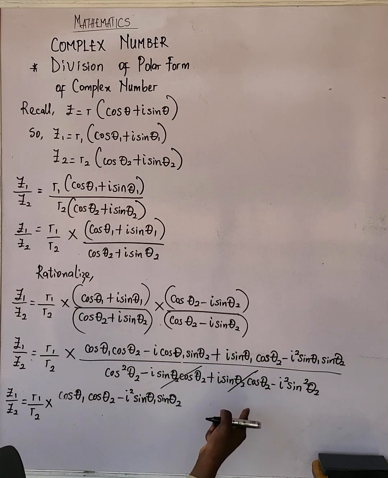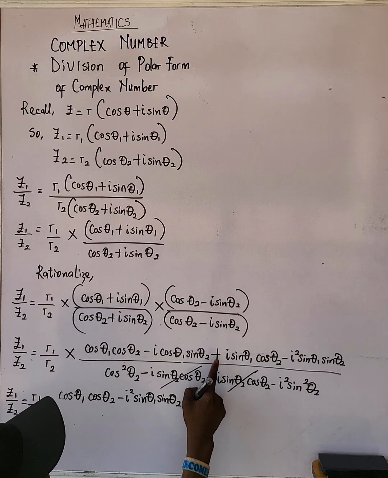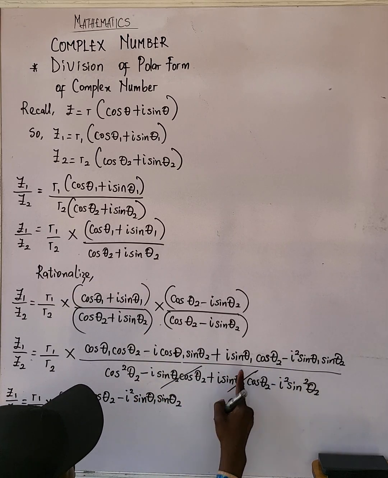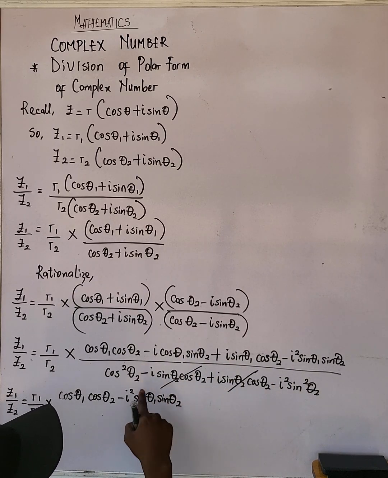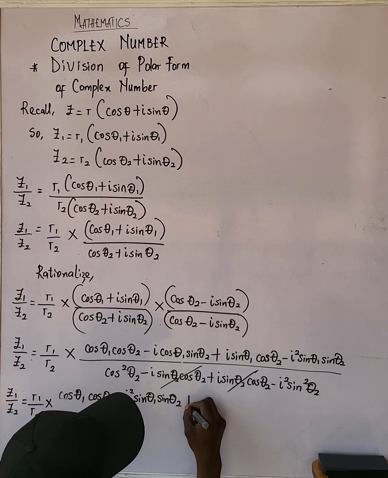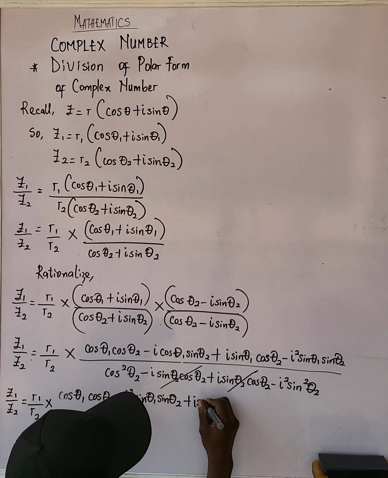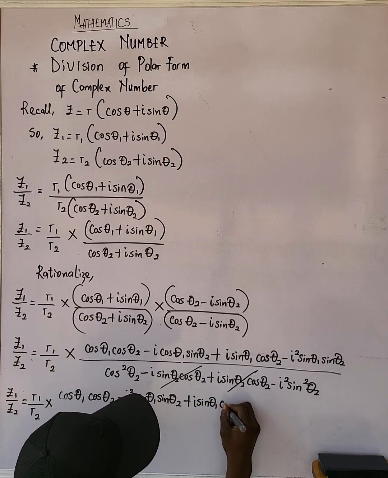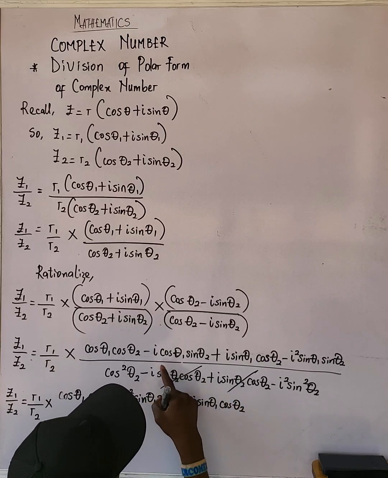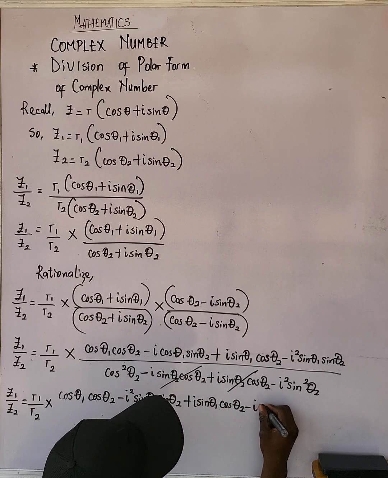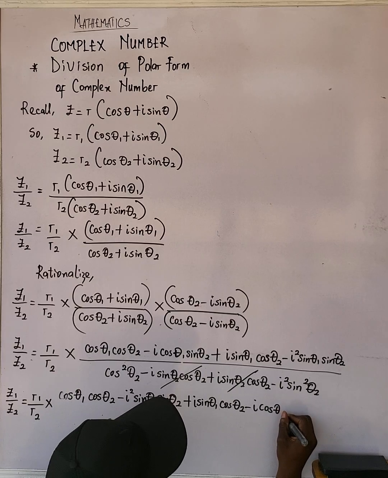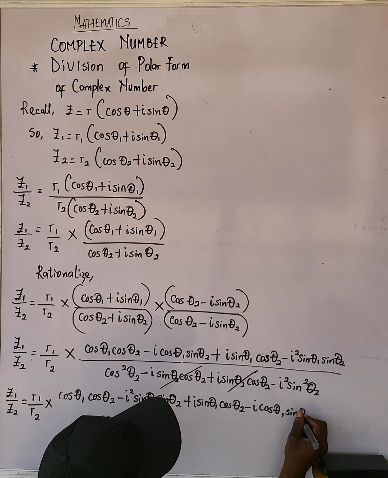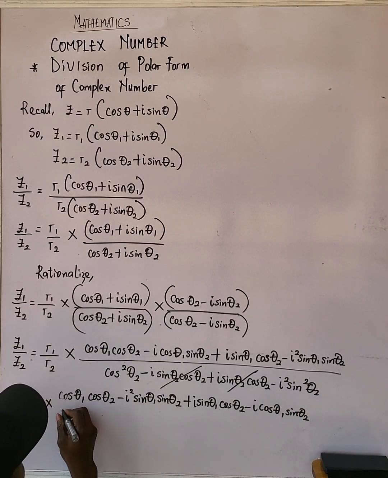Then I can bring this plus before the minus anyhow. So I will have plus i sin theta 1 cos theta 2. Then bring this to the back: that's minus i cos theta 1 sin theta 2.